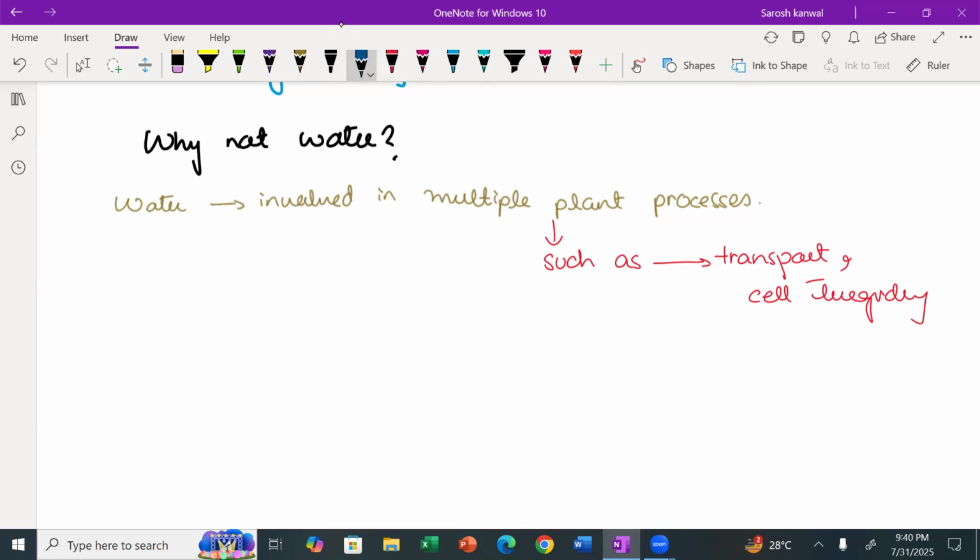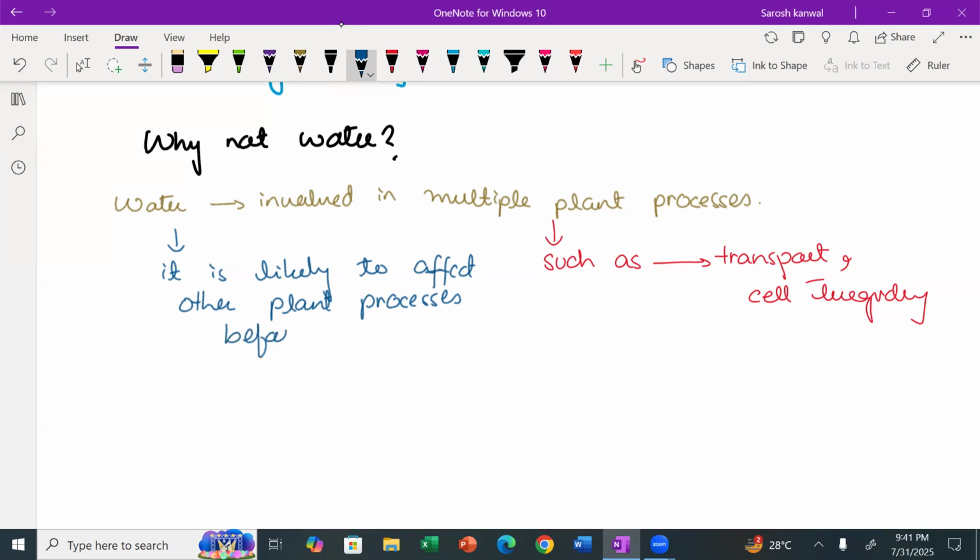So it is likely to affect other plant processes before it directly affects the rate of photosynthesis. Is that clear?